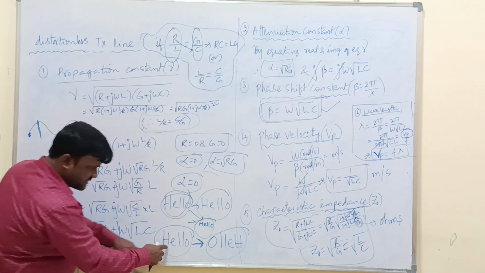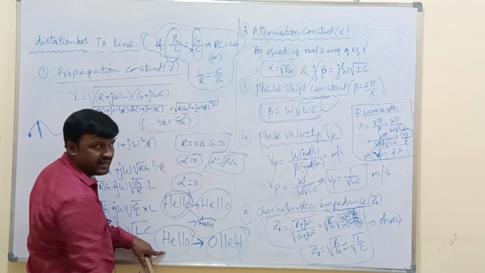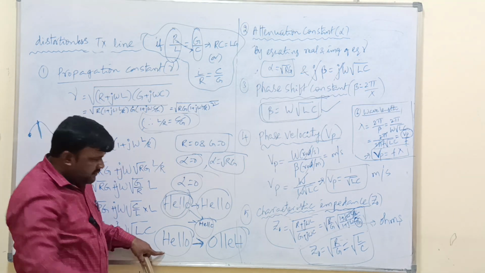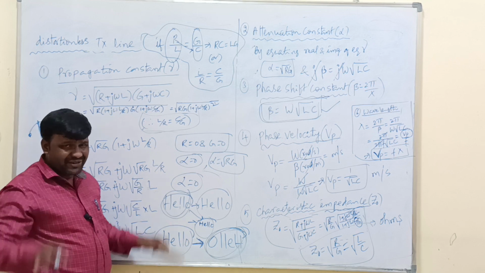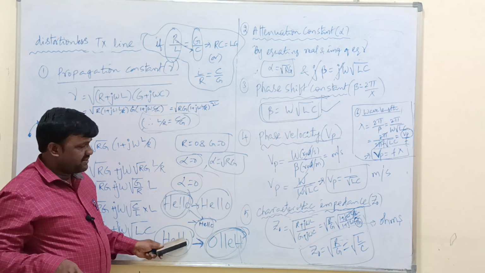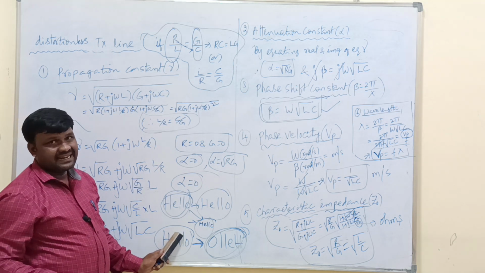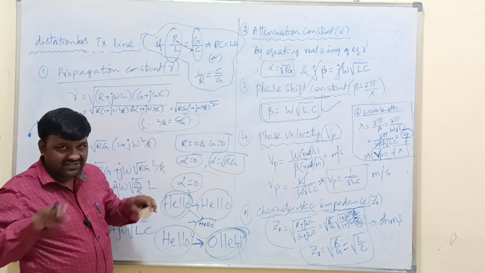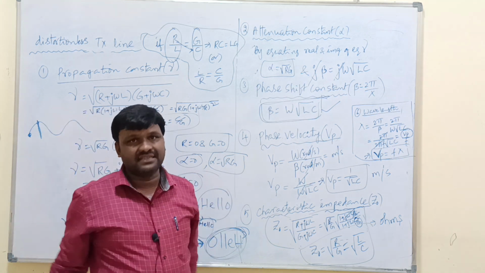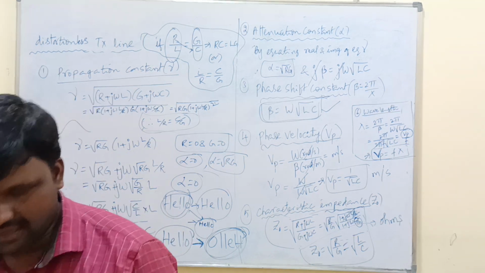Instead of H, O may appear here, or else L may appear here, E may appear here. This type of transmission is known as distorted transmission. In order to get the exact information at the output, we need to send the signal as a distortionless signal. So that's why we require distortionless transmission and lossless transmission lines. Thank you.